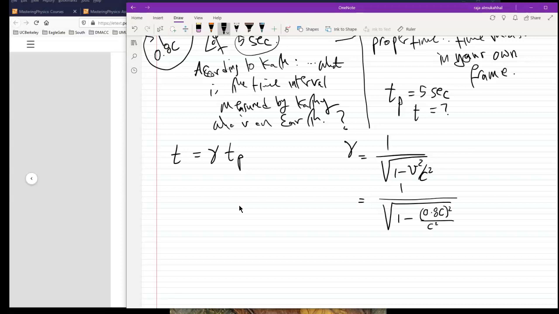You follow me so far? It's kind of tedious to do, so get your calculator out, please. Of course, the c squared and c squared will cancel out. Do you agree with me on that? You're left with 0.8 quantity squared.